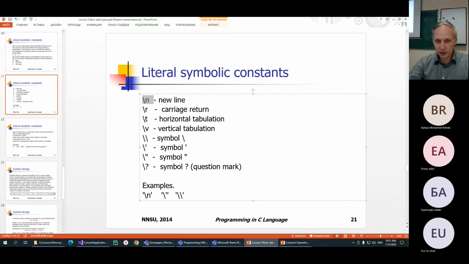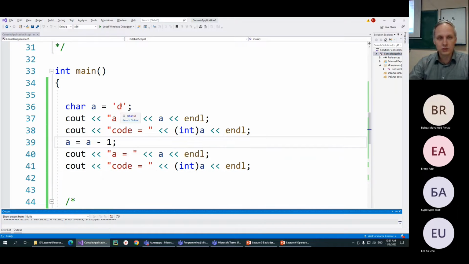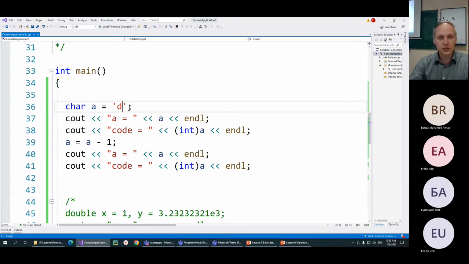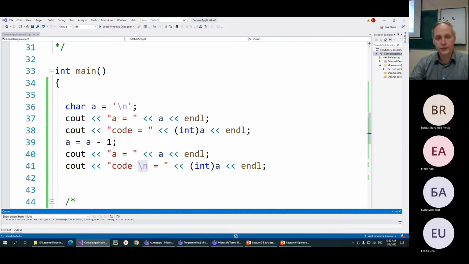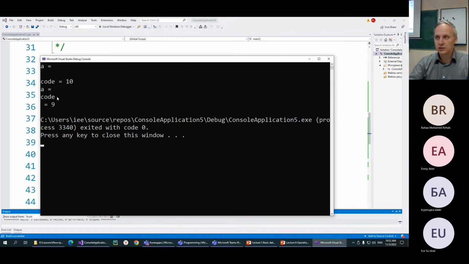This symbol in a program is represented as \n. I can assign this symbol to A, even like this. \n is one symbol. Or it's better not to assign, but just output this symbol to the screen. If I type it here, \n, it will be considered as a new line. You see that here a new line starts.